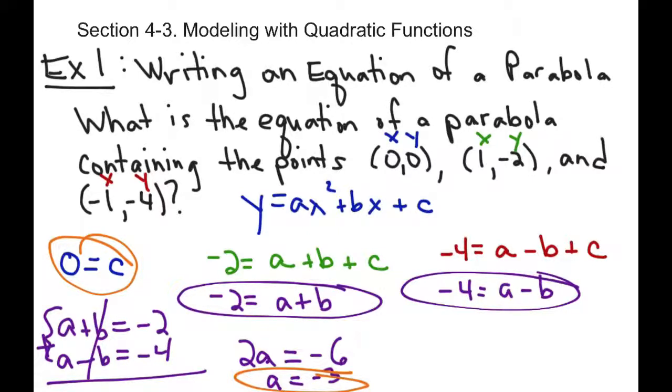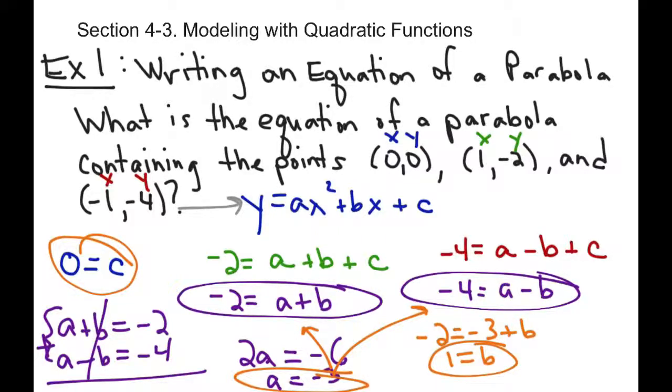In order to find b, I can plug negative 3 in place of a into either of these equations. It doesn't matter which one I choose, I'll get the same answer. So I'll use the first one here. Negative 2 is equal to a, which is negative 3, plus b. So b must be 1. Now I know what a, b, and c are, and I can plug this back into the standard form.